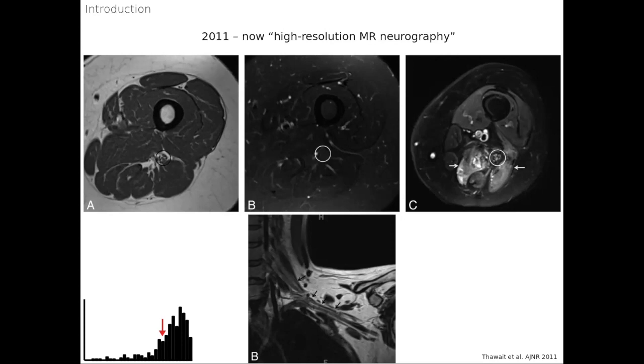Mostly the term high resolution MR neurography was used for high field MR imaging, meaning at 3 Tesla, and of course above. And already here you can see that in the sciatic nerve, you can in some parts depict nerve fascicle bundles, compared to the first images we saw from a couple of years ago.